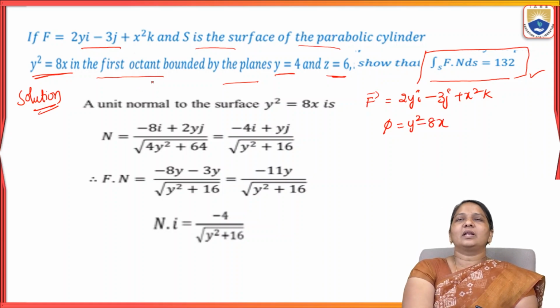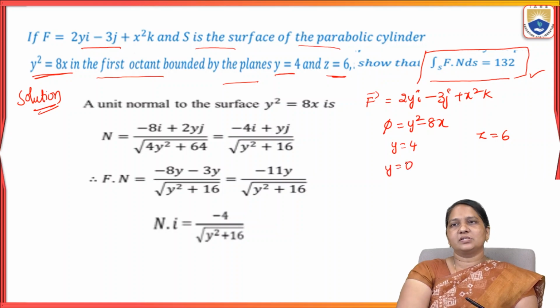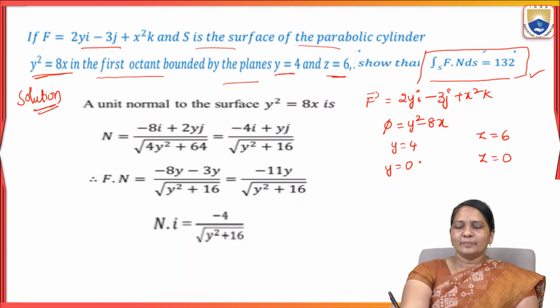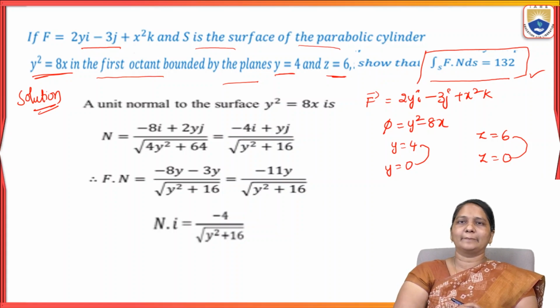They are telling that this is in the first octant, which means all values are positive. They gave y value 4 and z value 6. That means y values start from 0, so 0 to 4, and z value also from 0, so 0 to 6. We have the yz values, so we can take dy and dz, nothing but the yz plane.